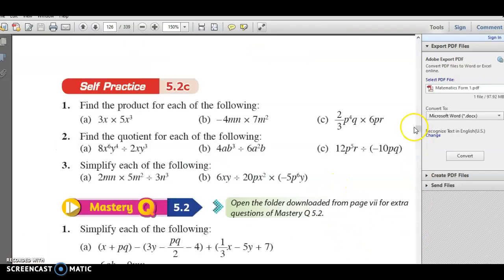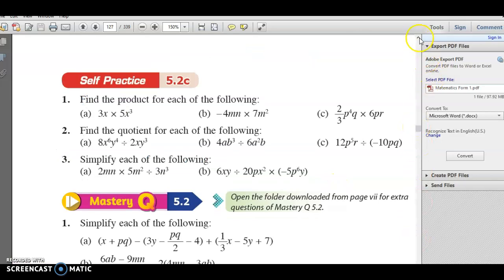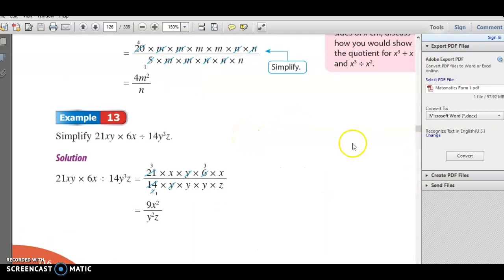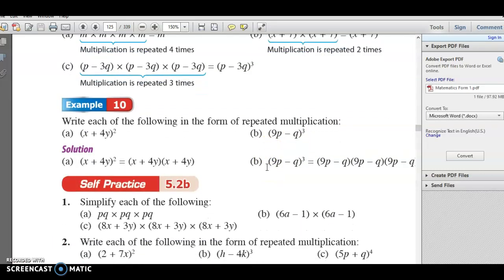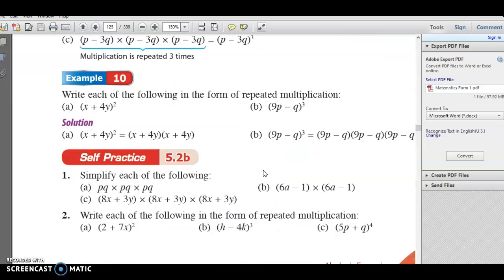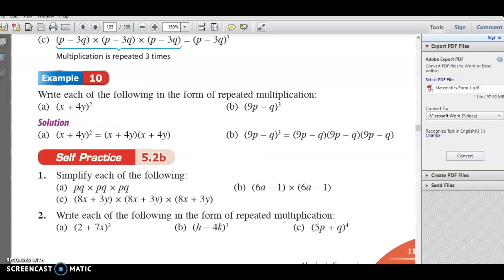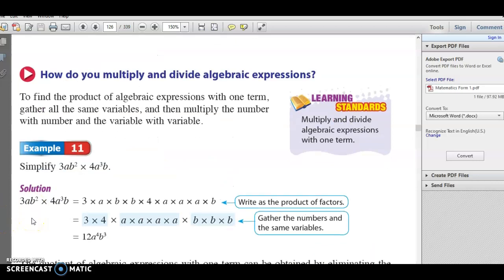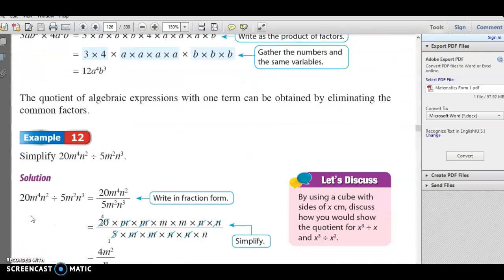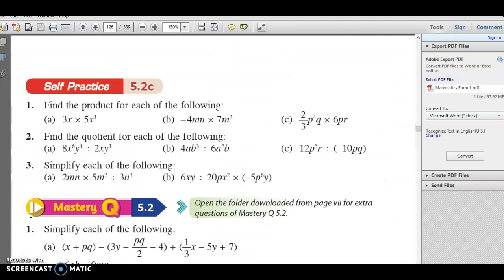Now for your homework, open your textbook. Open page 115.